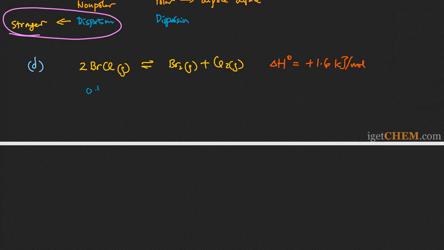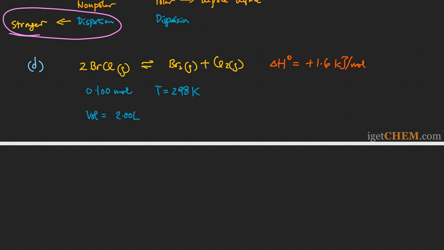So we have 0.100 mole of BrCl in a flask which has the volume equals to 2.00 liter, and the temperature is 298 K. So the problem tells you that you are putting that in this container and you're waiting for the system to reach equilibrium.